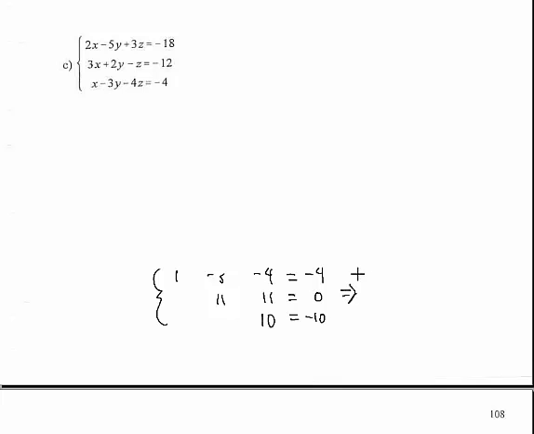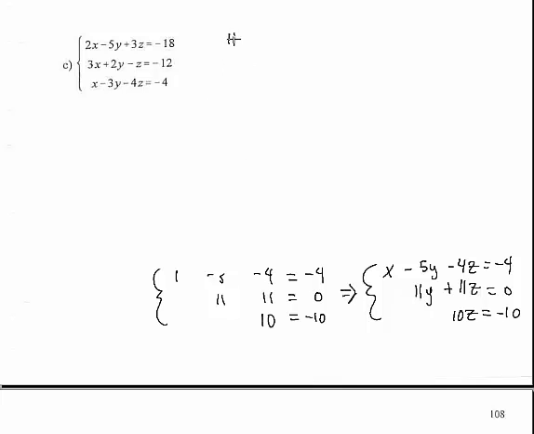We dropped the variables, but this with the numbers is equivalent to x minus 5y minus 4z equals negative 4, 11y plus 11z equals 0, and then 10z equals negative 10. All we did is insert the variables back in their places, and that saved us some time from having to write out these variables in every step.